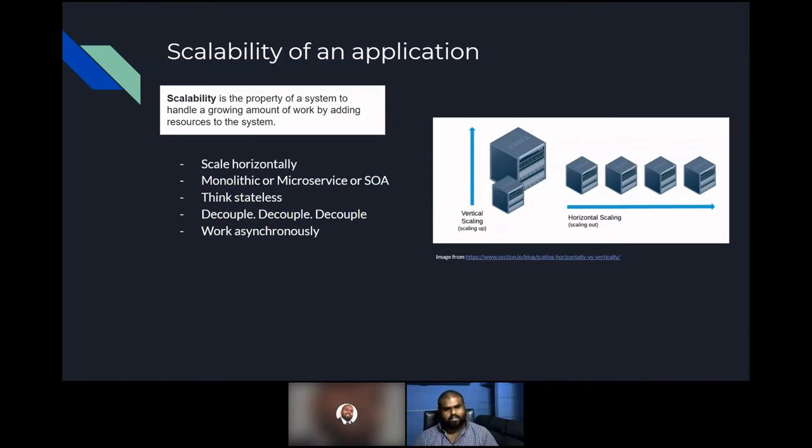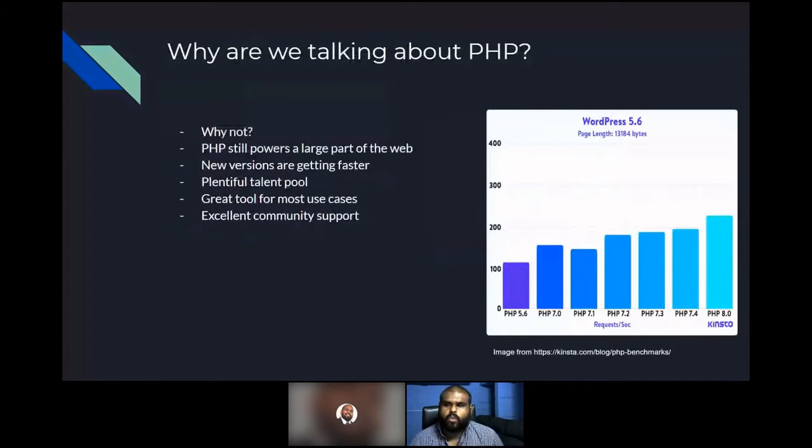You want to have it loosely coupled, and work asynchronously. Be lazy here. Essentially, put off any work that you can do in the backend to be done at a later time, and just make sure to serve the user's request as fast as possible, because the more requests you serve, the faster it can move on to a different request. So why are we talking about PHP here?